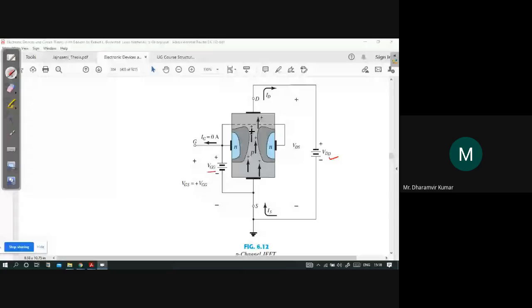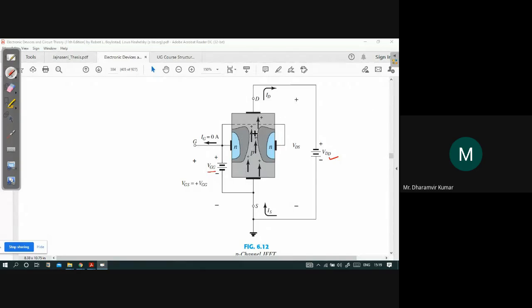When this is high, this space would be less. When this is low, this space would be more. So this is a kind of lock system which makes these two gates close or open depending on the value of VGG. This VGG gate voltage controls the space between the two depletion regions, and this is the space where the current flows between drain and source.